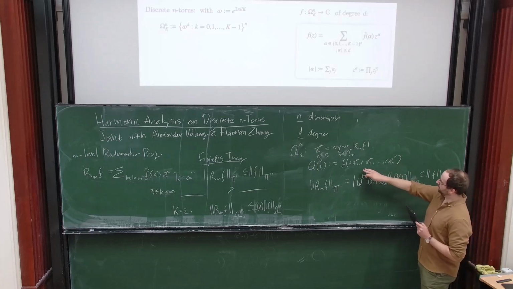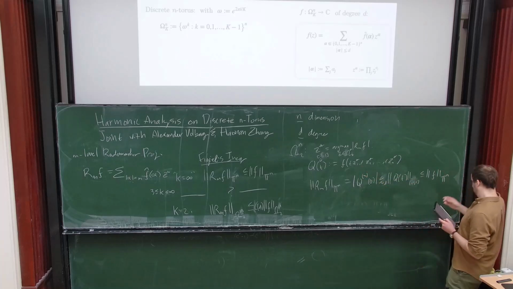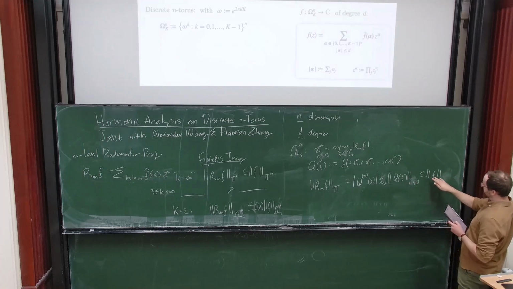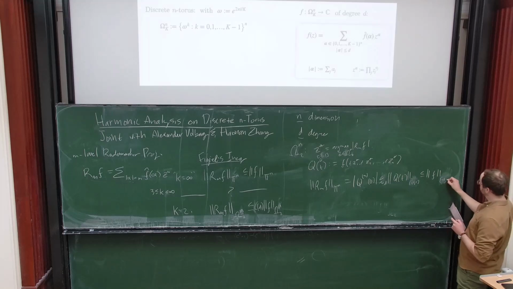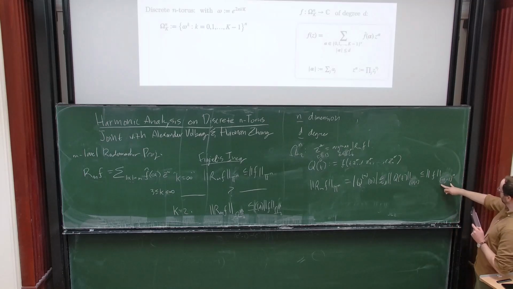Well, if we let our z's also go between -1 and 1, we get that this supremum is upper bounded by the supremum of f, not on the hypercube, but on the solid cube, the interval -1, 1 to the n.